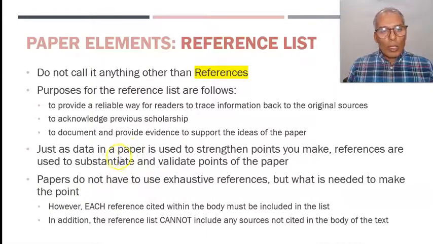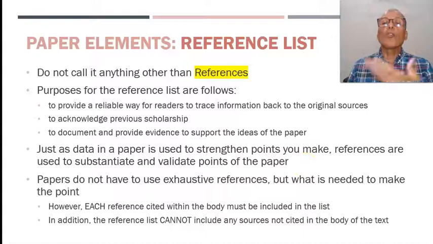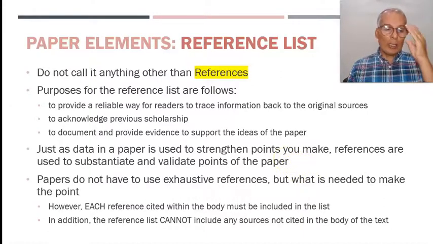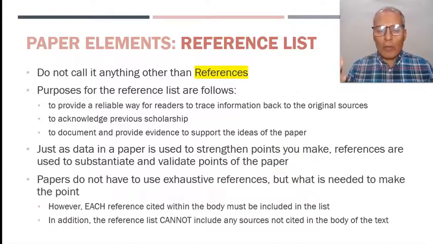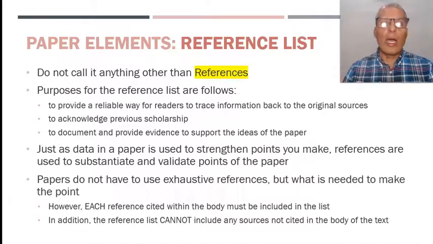Just as data in a paper is used to strengthen points that you make, your references are used to substantiate and validate the points of your paper. So you start with an idea, for example, smoking has a devastating impact on every aspect of your life, and then you cite something from an author: so-and-so found or showed.